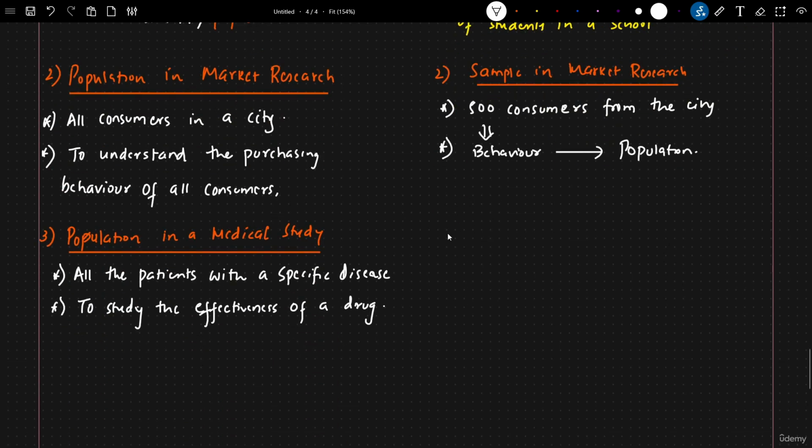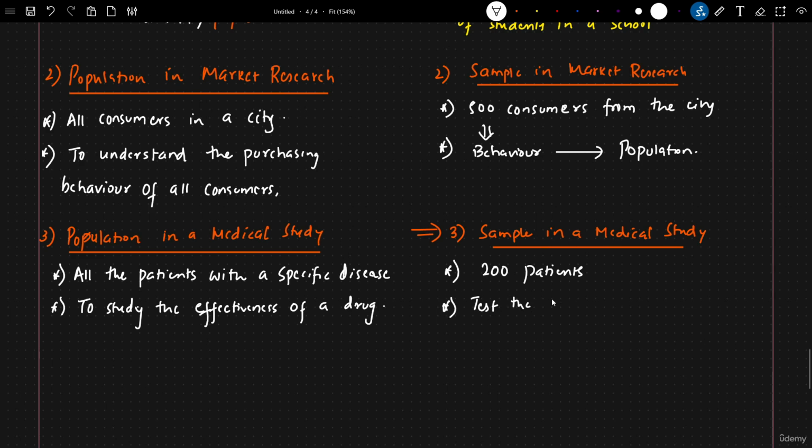Similarly, the third is a sample in a medical study. Instead of selecting all the patients, and we may not even know how many patients have a specific disease, we pick up 200 patients and test the effectiveness of the drug.